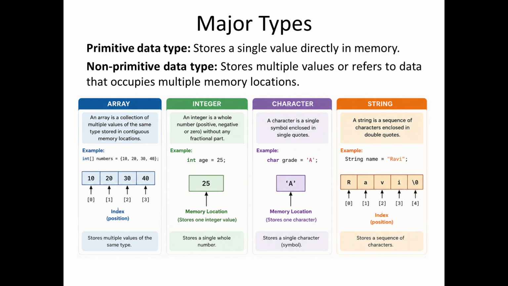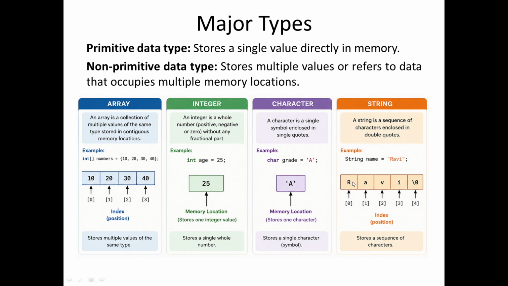If you see, there are two major types of data types. One is primitive, another one is non-primitive. If you see integer, an example is 25. If you see character, an example is A. If it is an array, 10, 20, 30, 40, a group of contiguous memory locations.